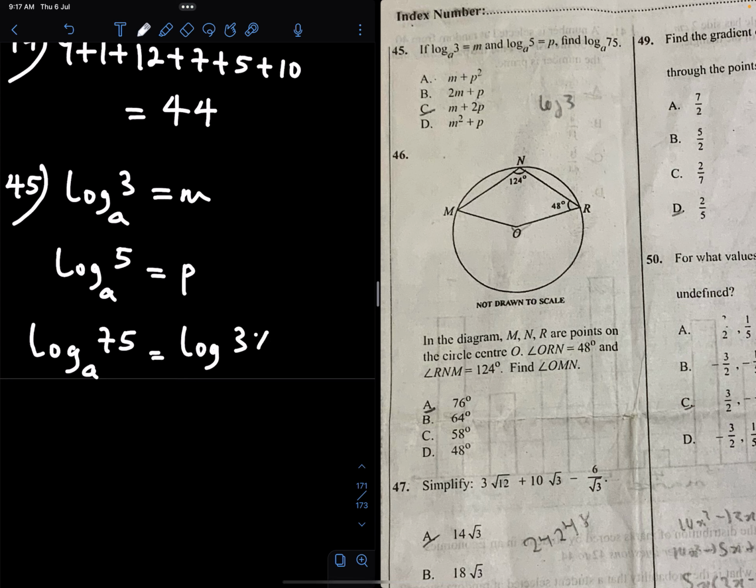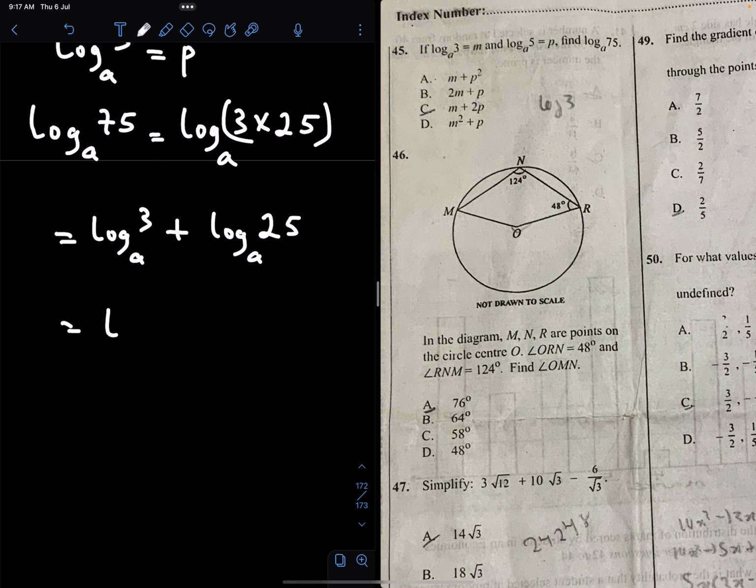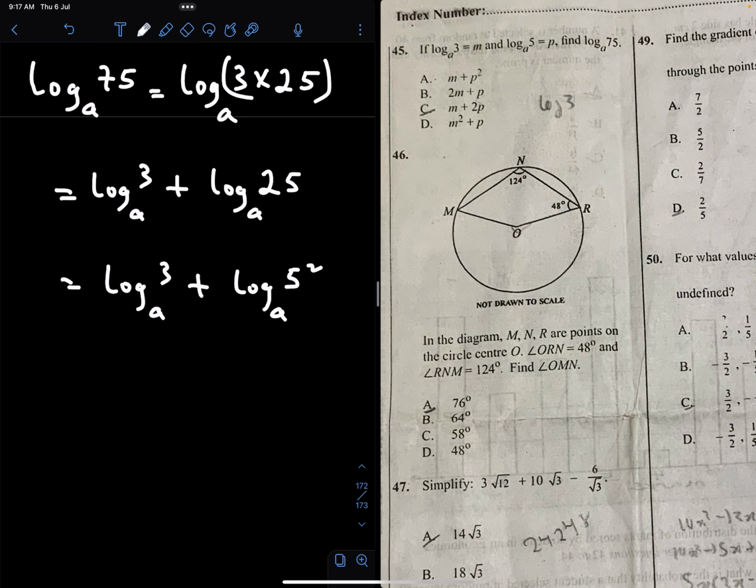That's the same as log 3 times 25 to base A, which is the same as saying log 3 base A plus log 25 base A. And that's the same as log 3 base A plus log 5 raised to power 2 base A, which is the same as log 3 base A plus 2 log 5 base A.